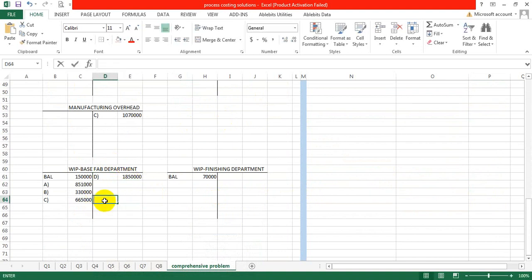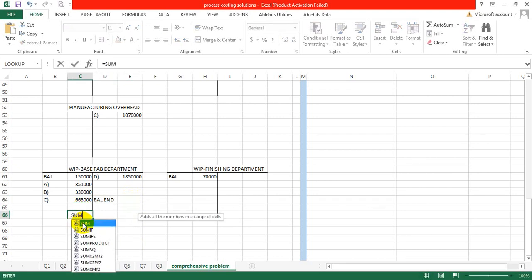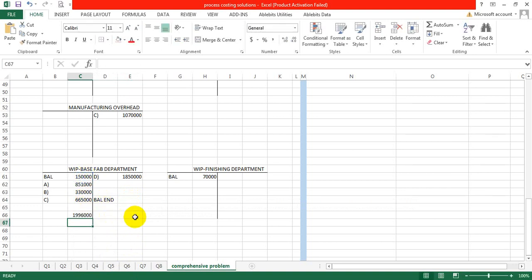Okay, balance at end. We need to calculate the balance at end. In the question it is mentioned that we need to calculate the balance at end. How will we calculate? First we will add these values, sum them up, and get this value. This value is equal to this value. So my balance at end is this minus this value, right?